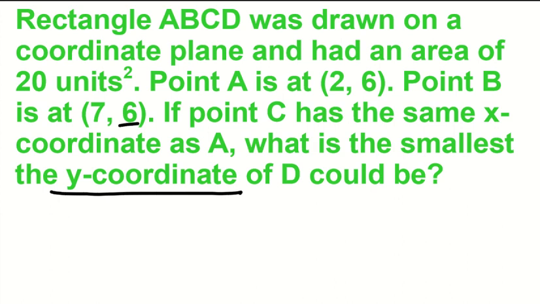So the y value, the y value. The 7 minus 2 is the 5 for the distance on the top. That's the length of the rectangle. We get the width by doing the division basically, 20 divided by 5. That's the 4, and then the 4 gets subtracted from the y value. Any other questions on that?